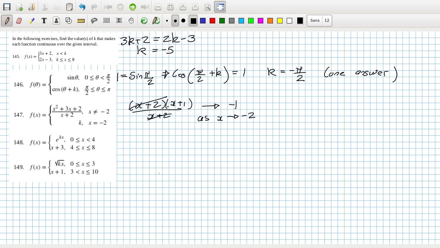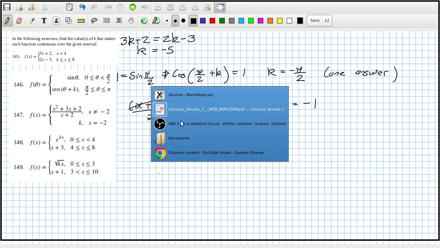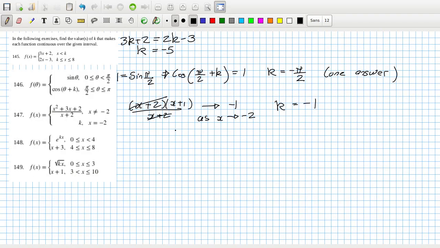Effectively, these cancelled out. So the k would have to be minus 1 then, I think. Let's check. Yep, minus 1 is correct.